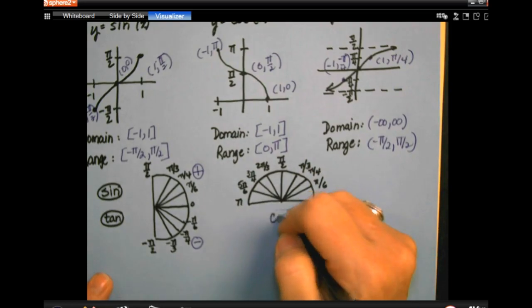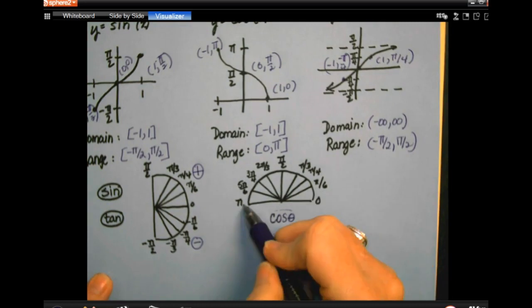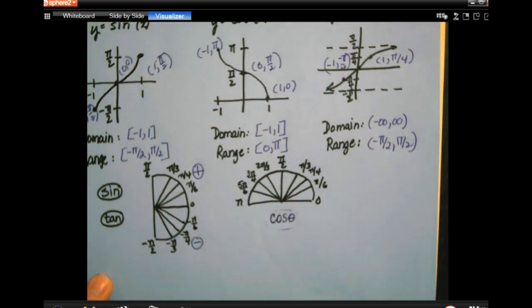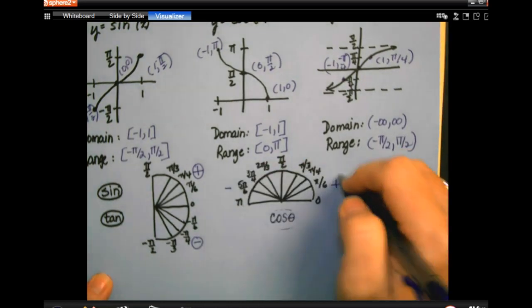And this is the cosine of theta, because this one is restricted from 0 to pi. Since the cosine is my x values, it's positive on this side and negative on this side.